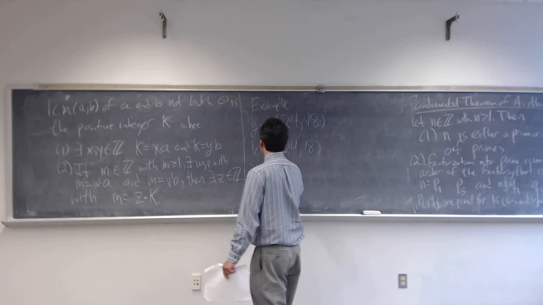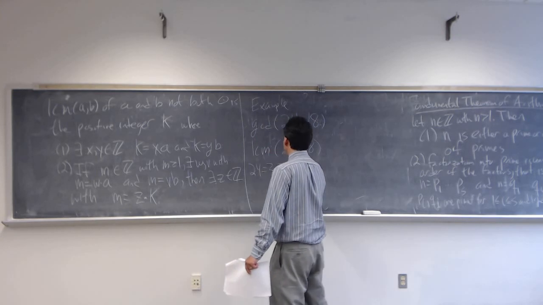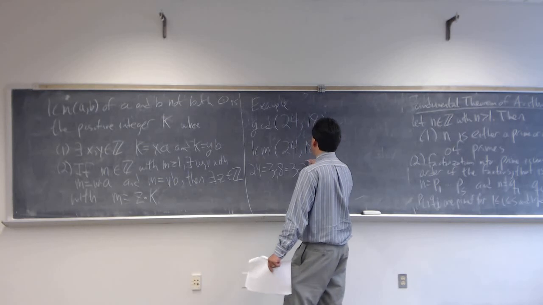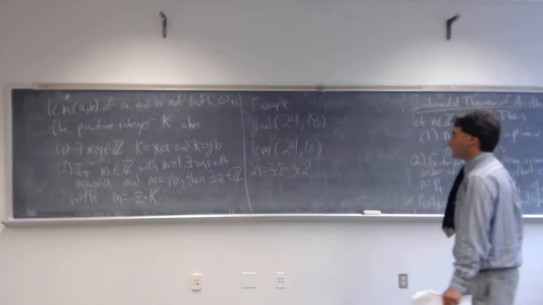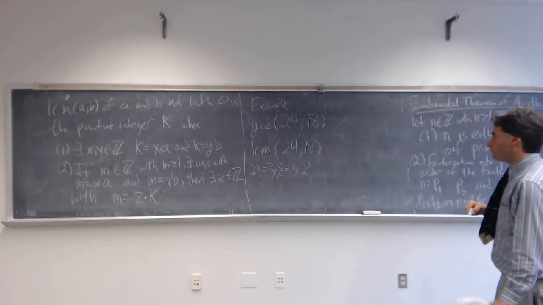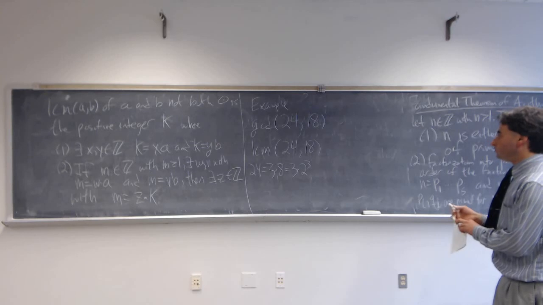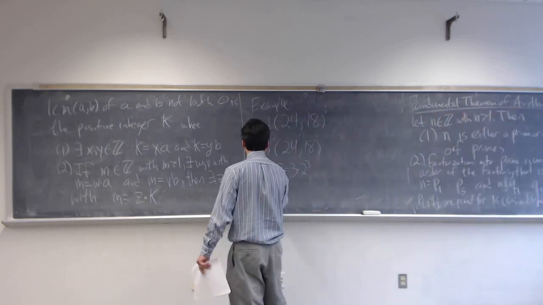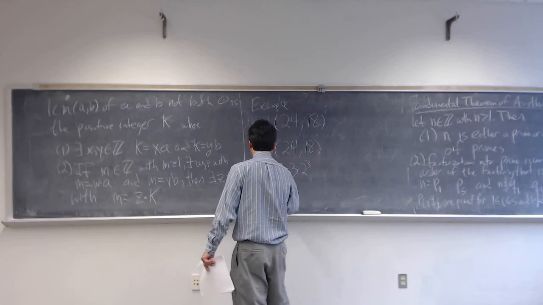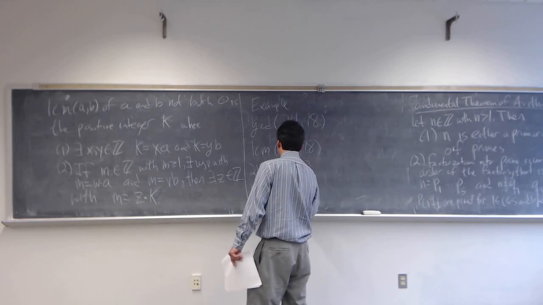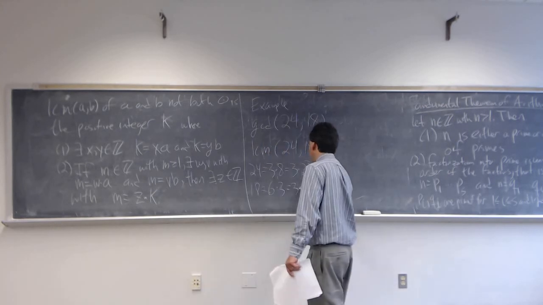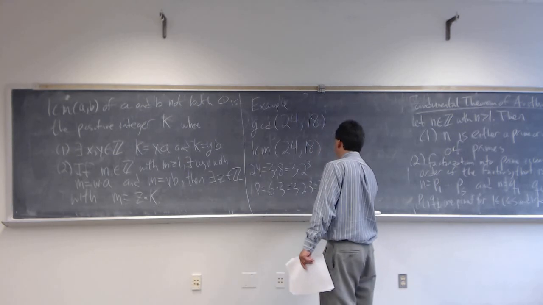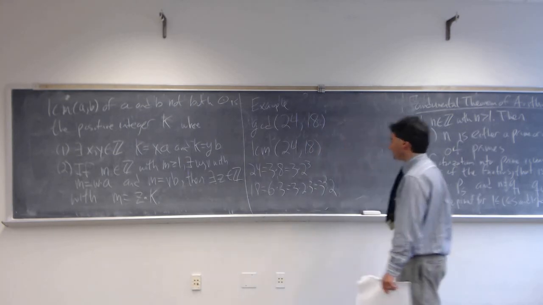So 24 is 3 times 8, which is 3 times 2 cubed, breaking it down to prime factors. And 18 is maybe 6 times 3, which is 3 times 2 times 3, so that would be 3 squared times 2.